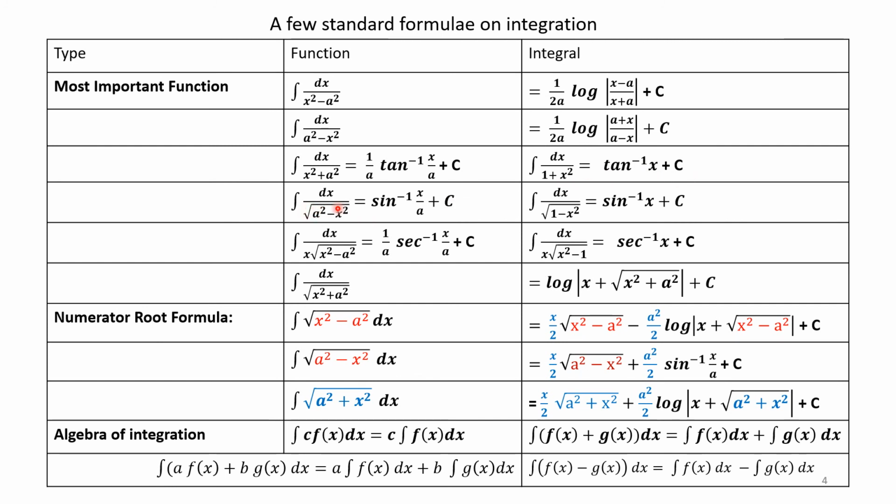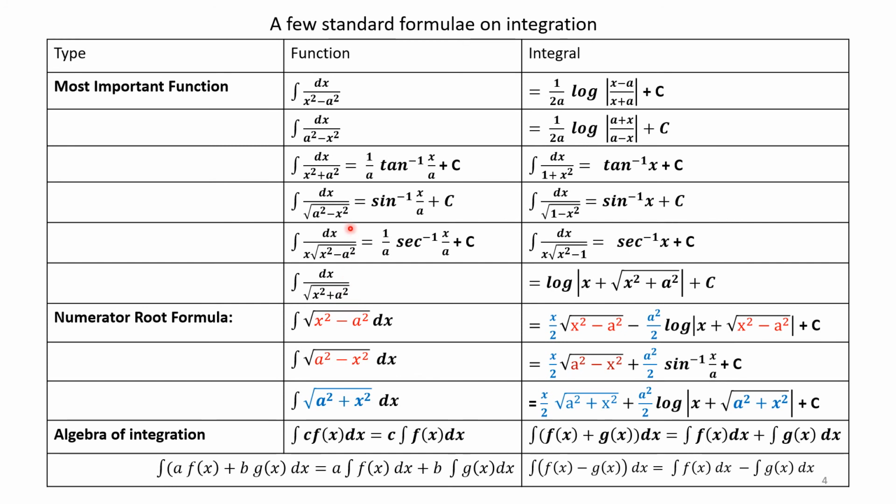Then the next three functions are those wherein the denominator is under a square root. These three functions are dx by square root of a square minus x square, dx by x into square root of x square minus a square, and dx by square root of x square plus a square.